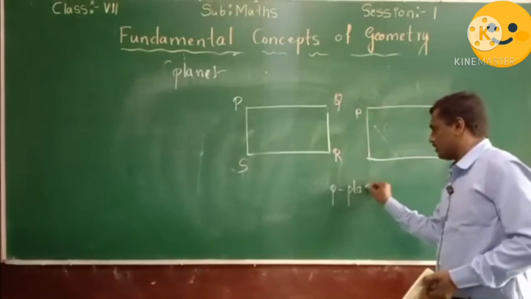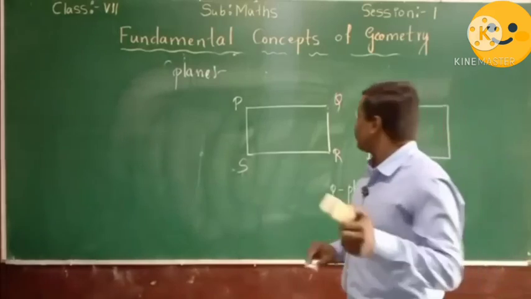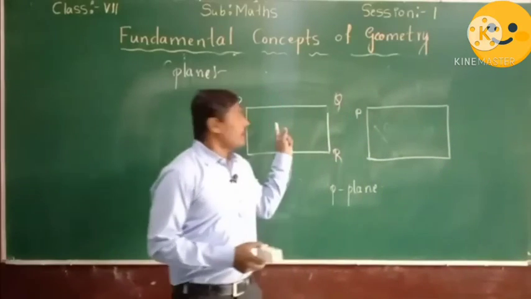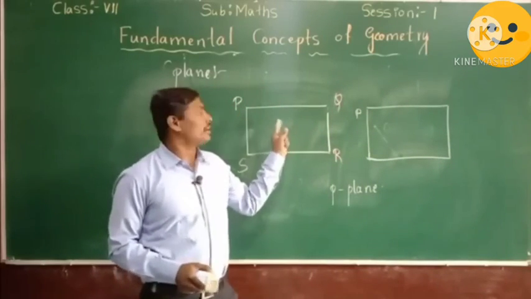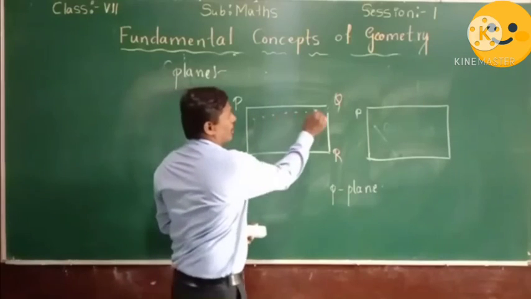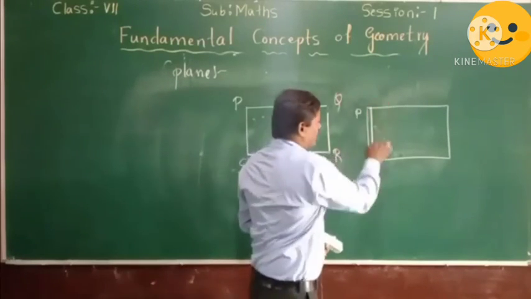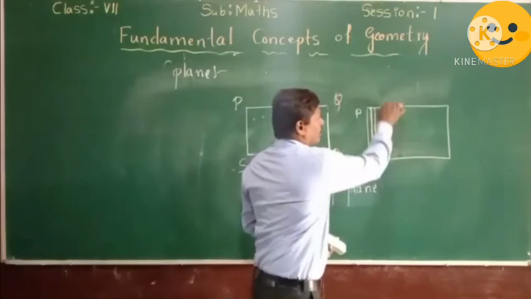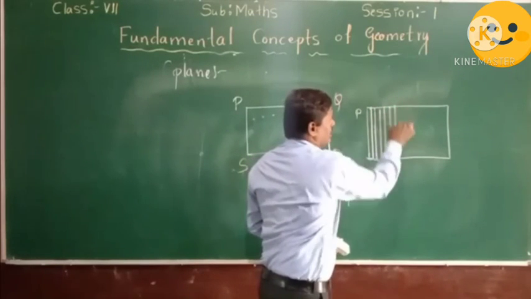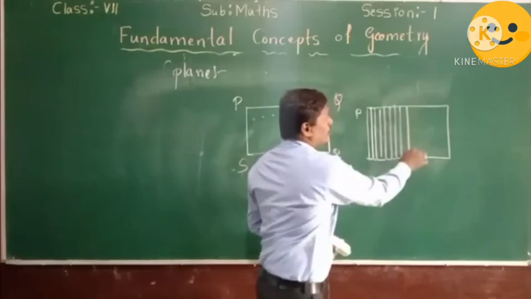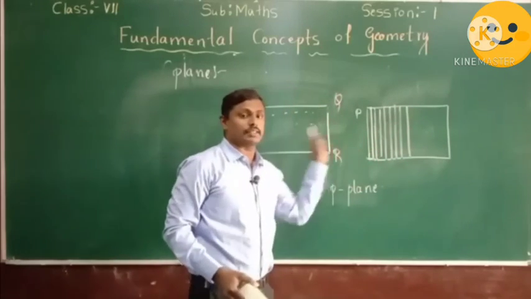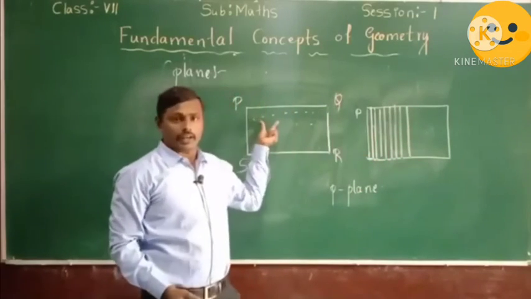P is a plane. Clear? And one more thing, a plane has an infinite number of points and an infinite number of lines. We cannot count the number of lines and we cannot count the number of points which exist in the plane. Clear?